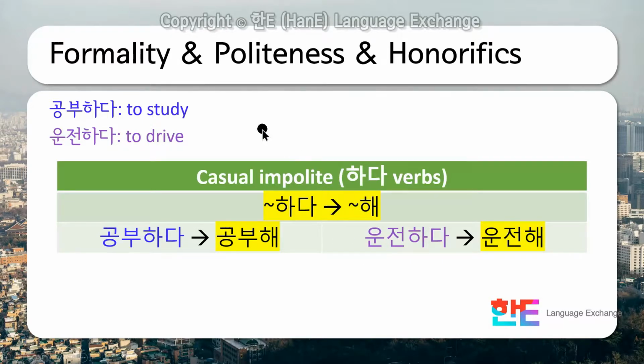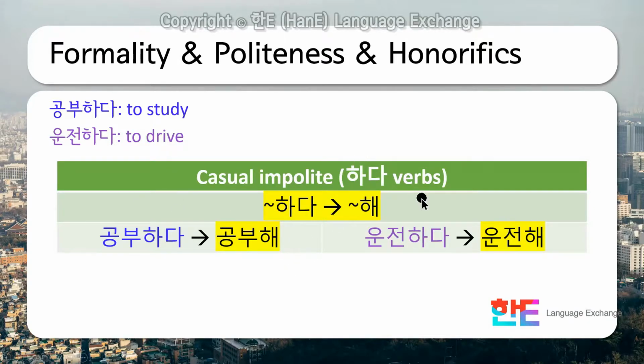For example, we have an example here. 공부하다, to study. Because it is a hada verb, ending with hada, we're going to remove hada and replace it with he. 공부해. And that gives us casual, but impolite. So like I said, 공부하다, 공부해. That is the final result.